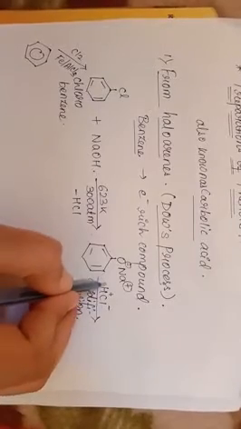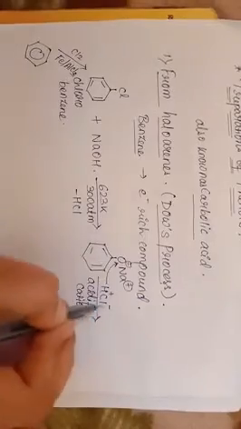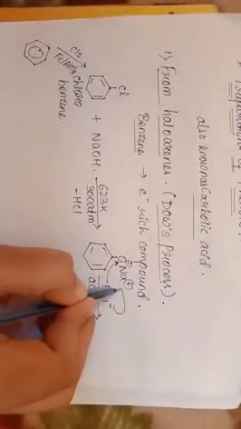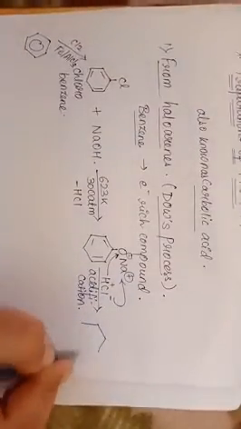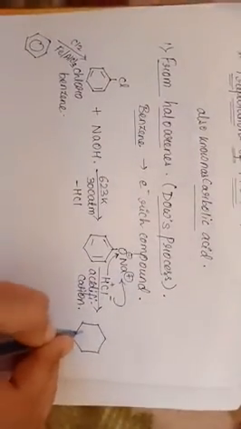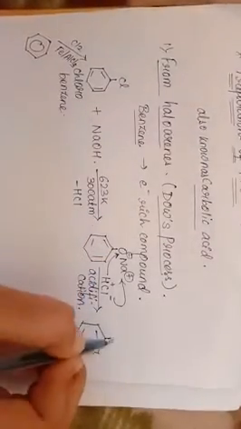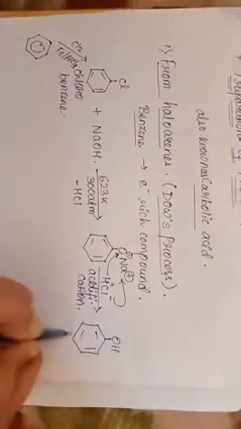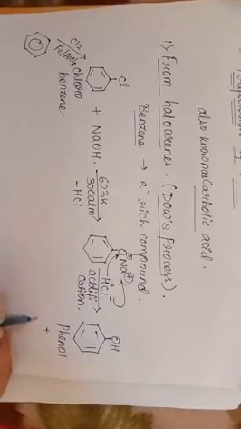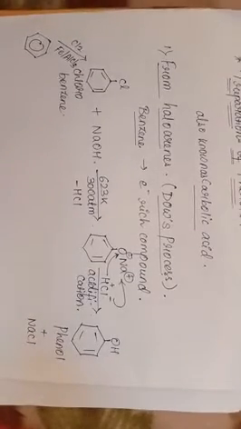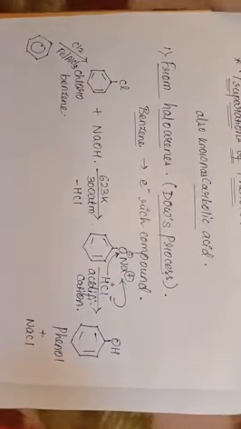So this H plus will replace this sodium on oxygen and this Cl will join with sodium, and O and H will form your OH group and you will get your phenol plus NaCl. So this is our preparation of phenol from a haloarene.